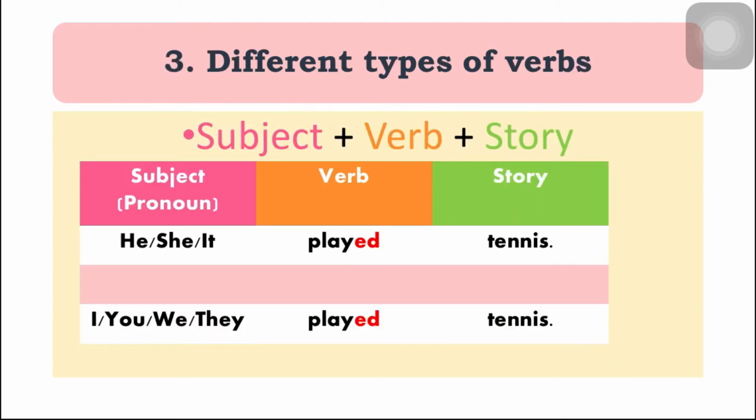So there are different types of verbs to use in simple past tense. For example, when we say he played tennis or we played tennis, all of the subject pronouns share the same verb form, which is very different from simple present tense.